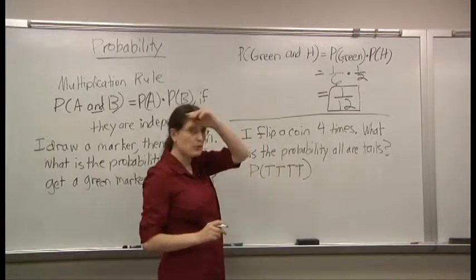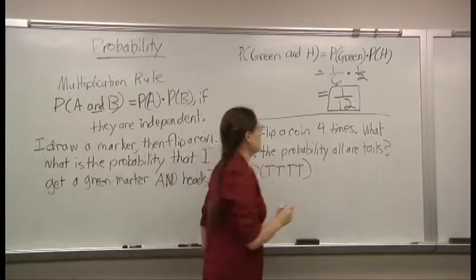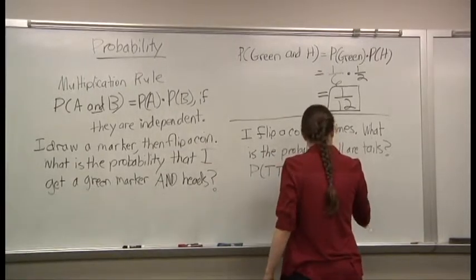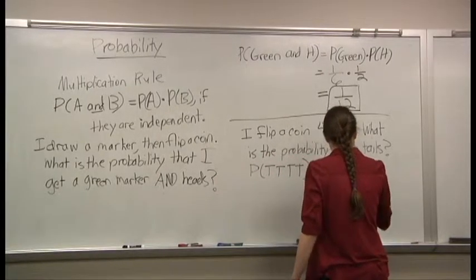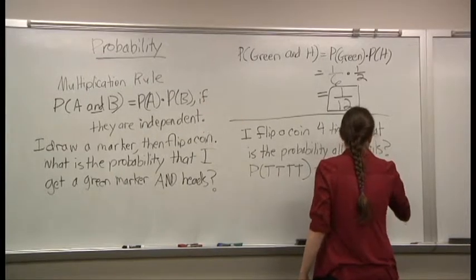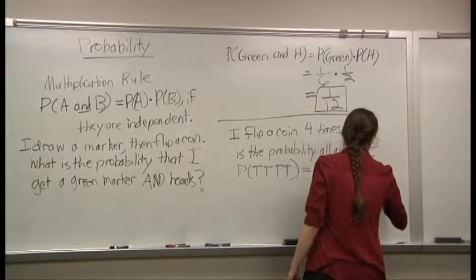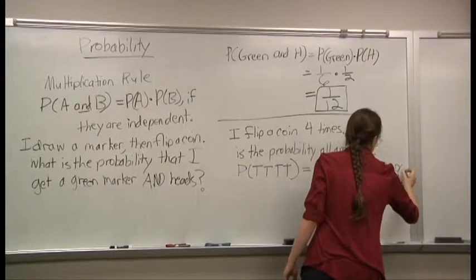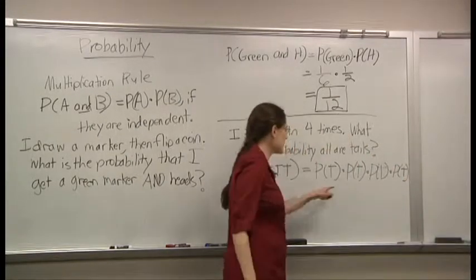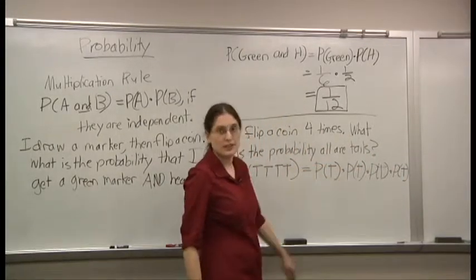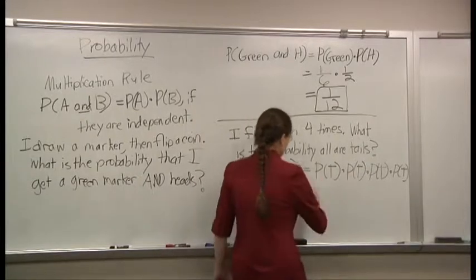Probability of tails 4 times is, find the probability of tails, multiply it together 4 times.